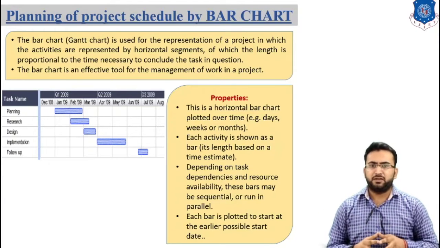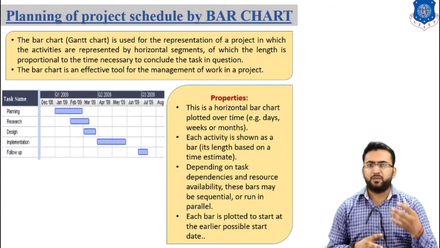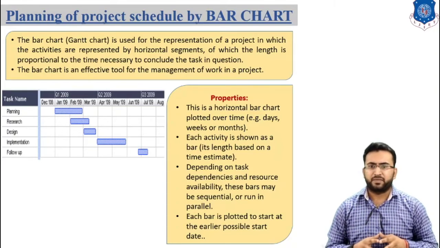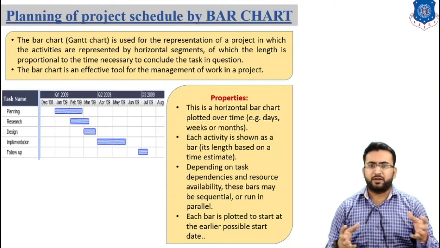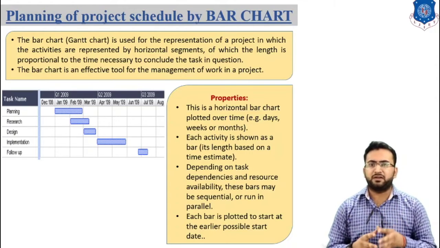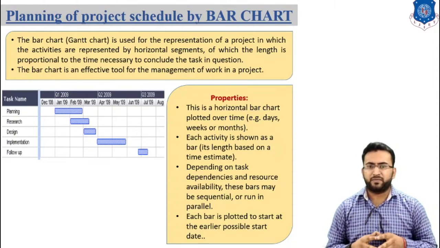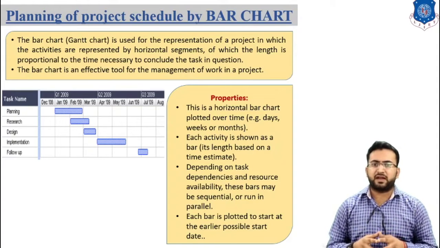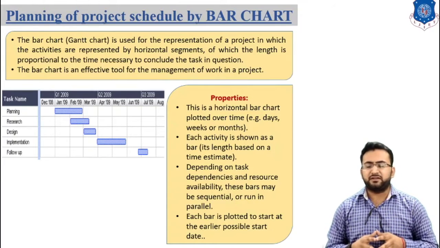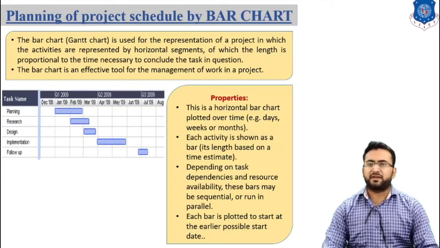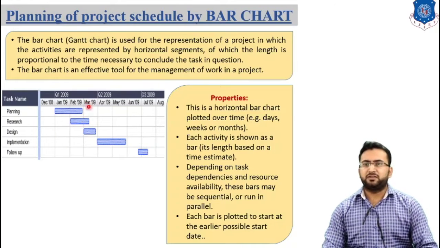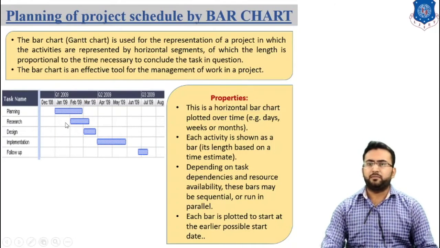Each activity shows a bar, its length based on the time estimate. Depending on task dependency and resource availability, the bars may be sequential or run in parallel. Each bar is plotted from the earliest possible start date. So this is one example of a bar chart, and this is how we can represent it.